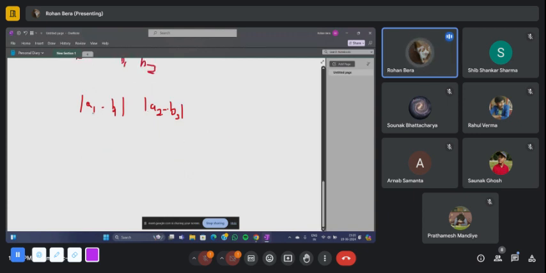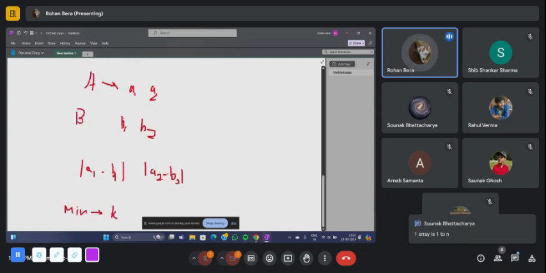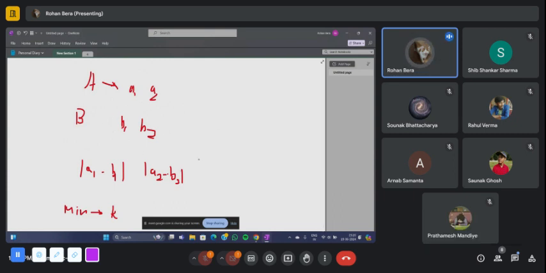Okay. So now after finding these differences, I need to find the minimum of all these values. Suppose the minimum I got is k. So this is a number that I'll get for a particular pair of permutations, like A1, A2 up to An, and similarly B1, B2 up to Bn.